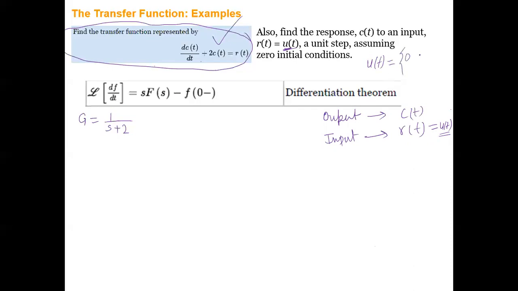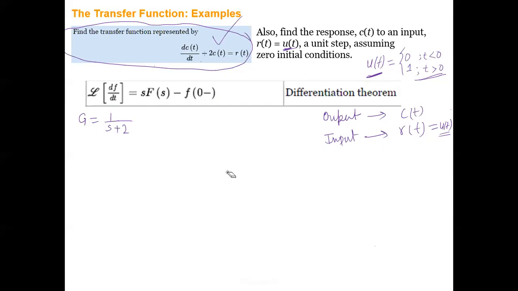It is 0 for t less than 0, and it is 1 for t greater than 0. So u(t) is 0 for all negative values of t, and 1 for all positive values of t. That's my function u(t). So input is given to me.